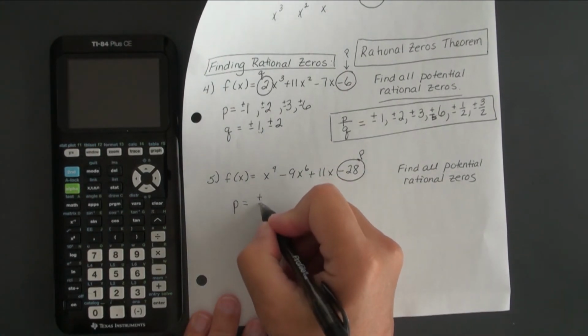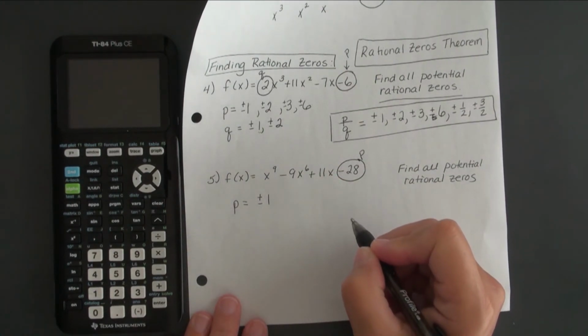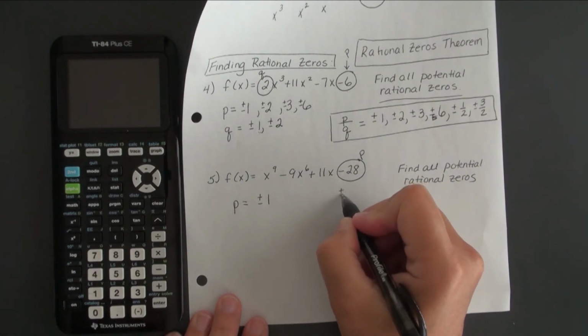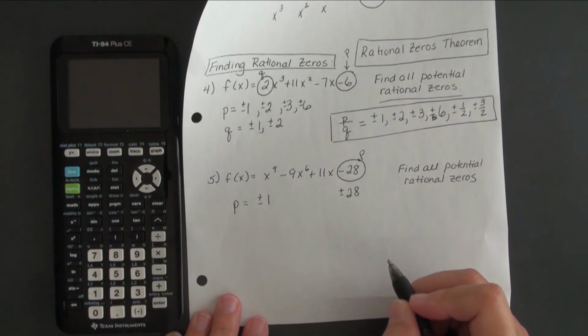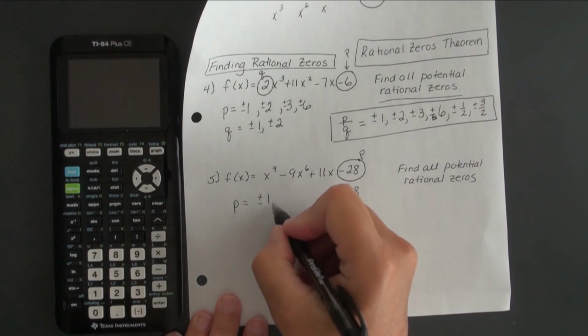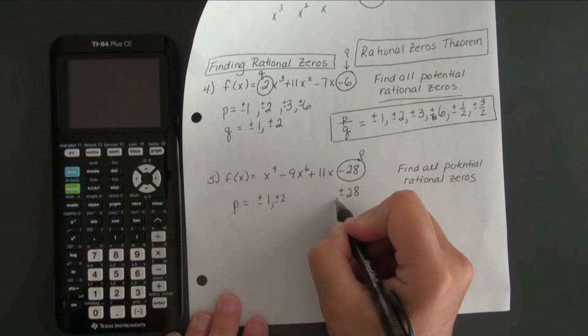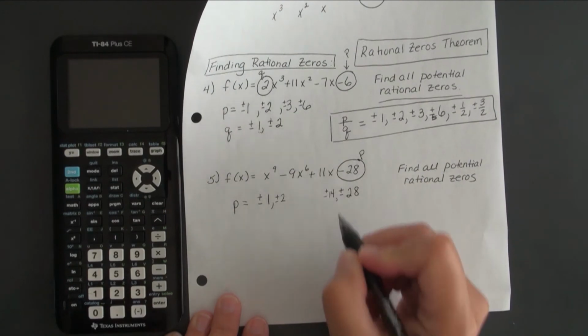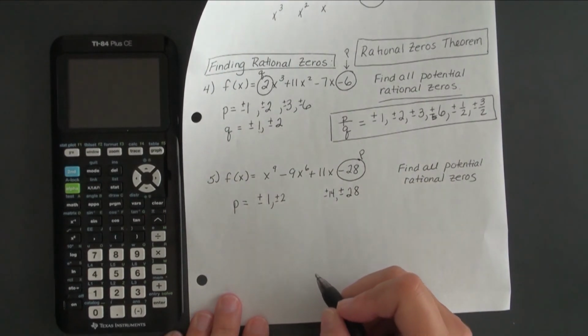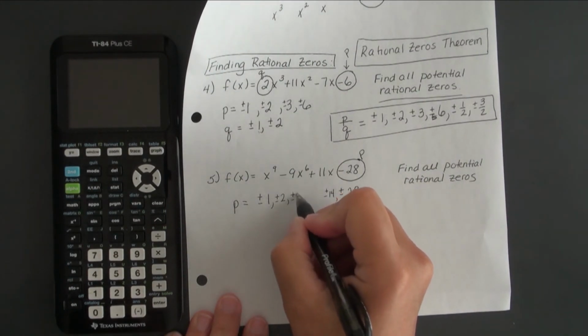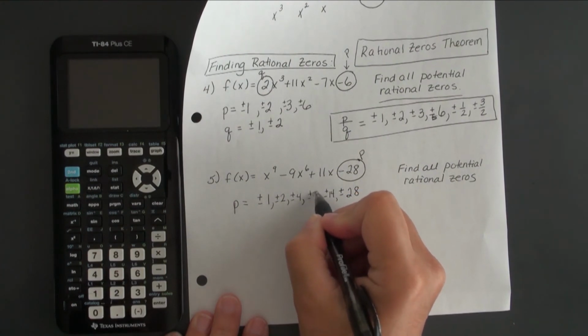So we know 1 times 28, hopefully I have enough room here. We know 2 times 14. And we know 4 times 7.